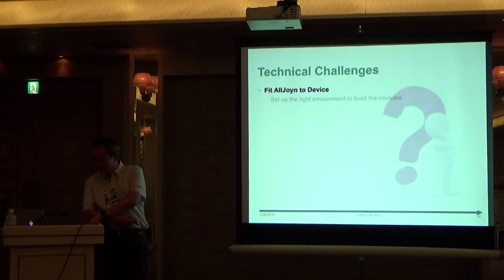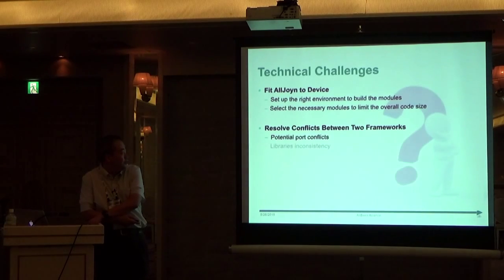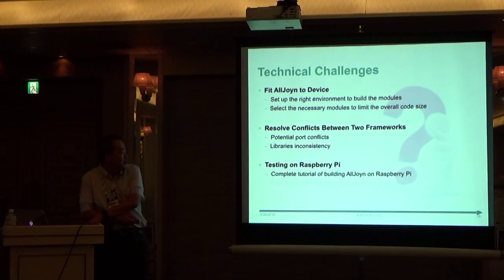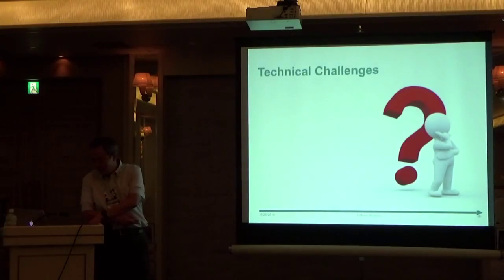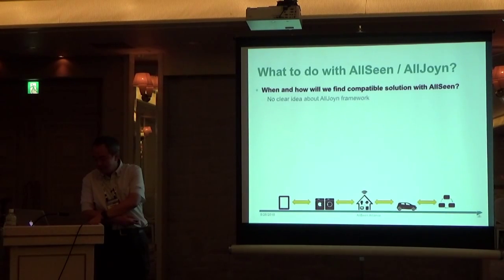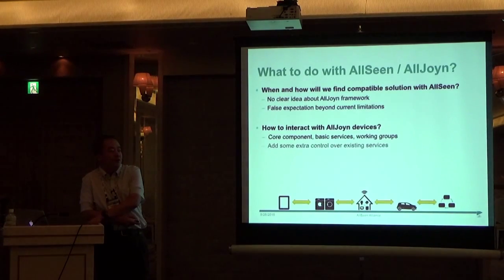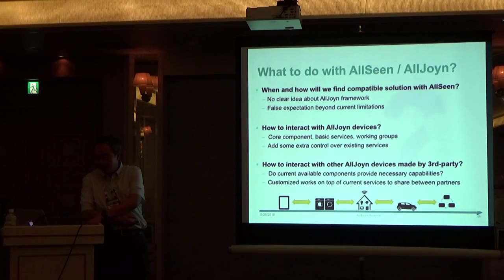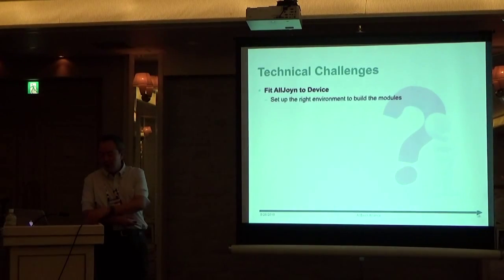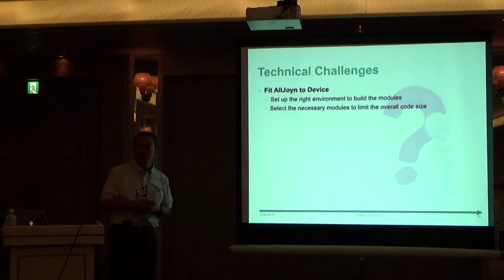So next, there will be some technical challenges here, but I think they're pretty common. Sorry, too fast. Based on our experience, the most difficult part is really to fit AllJoyn to the device here.